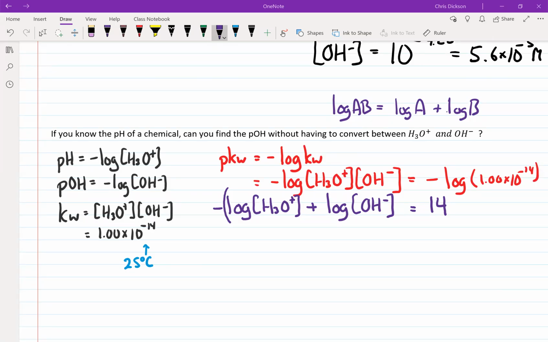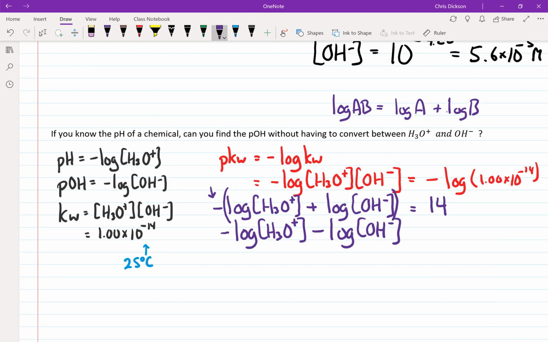So this would be the negative out. Now, if I put the negative sign back in, I would get the negative log of hydronium minus the log of hydroxide, because I have to put the negative into the brackets. So that negative sign gets distributed in.